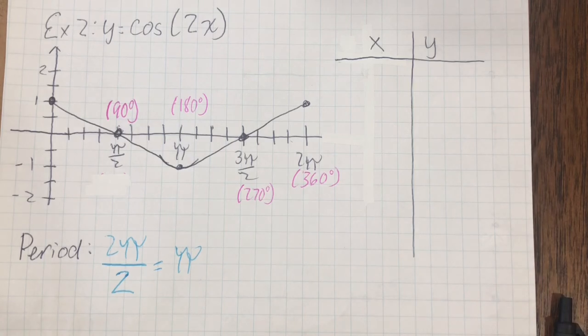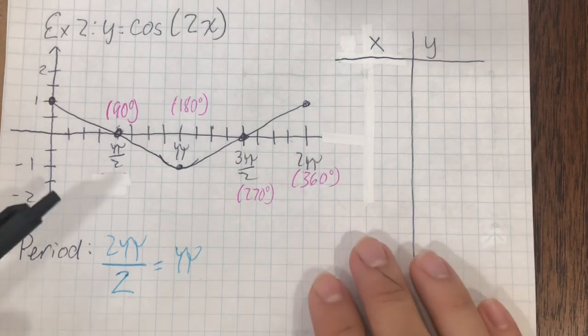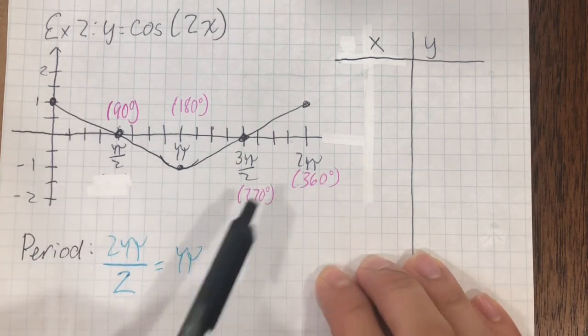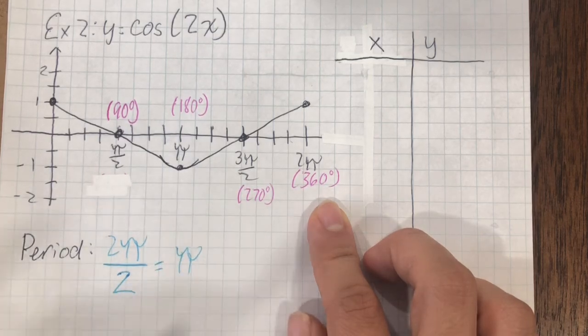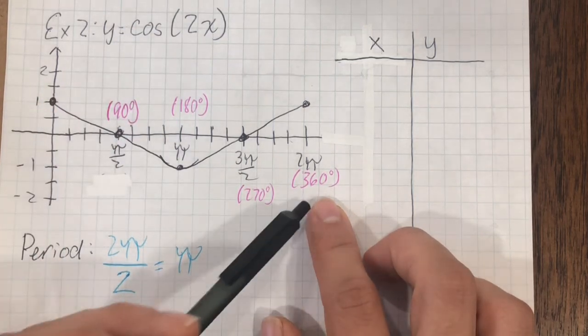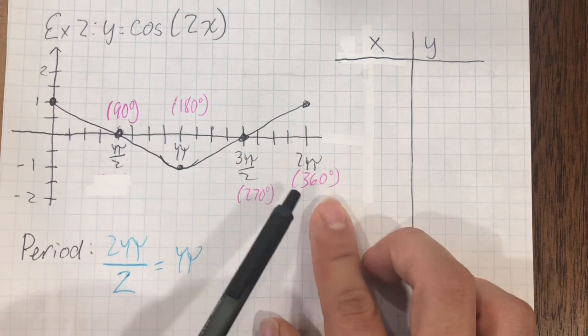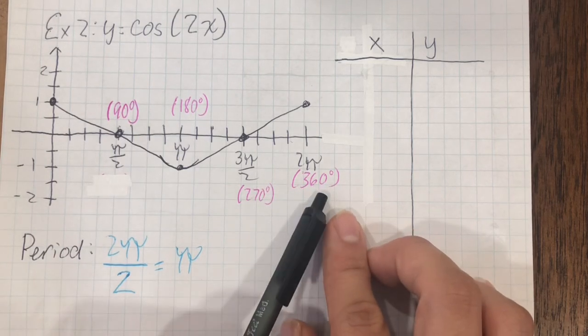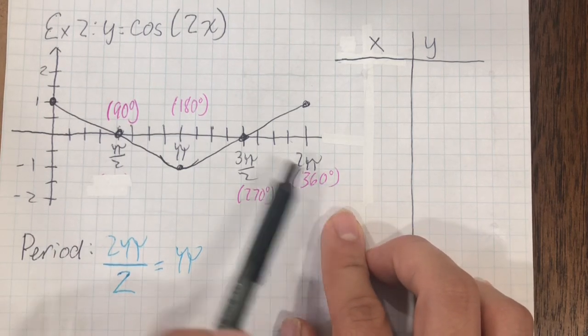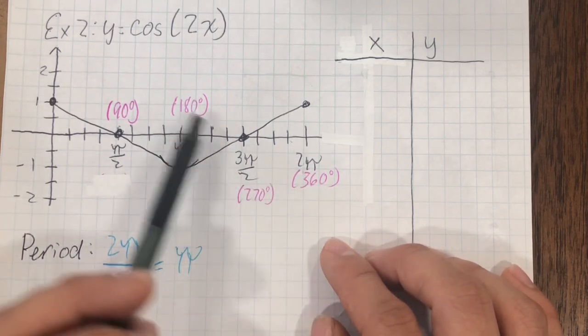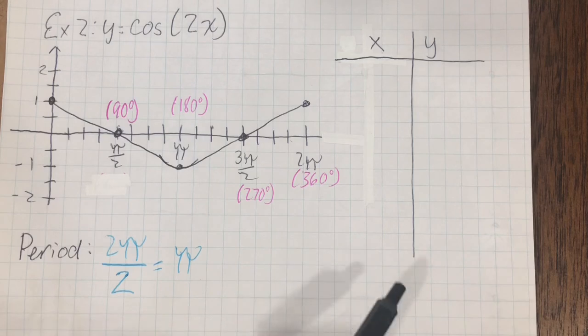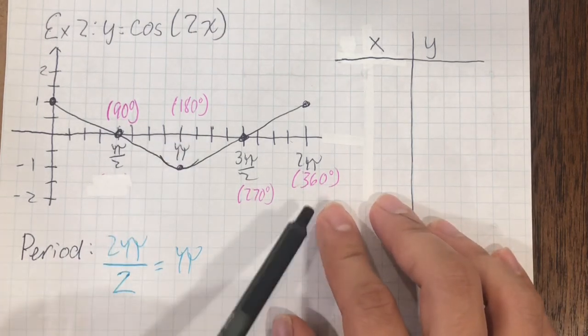All right. So with that being said, we see that the period for the original graph is 360 degrees. But the period for the new graph, cosine of 2x, is now 180 degrees. So we went from 360 degrees all the way to 180 degrees. So instead of the numbers getting bigger like in the previous problems, the number got smaller.